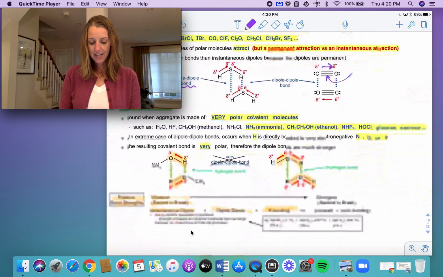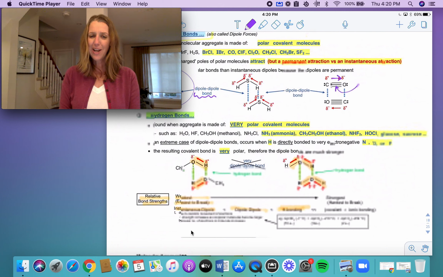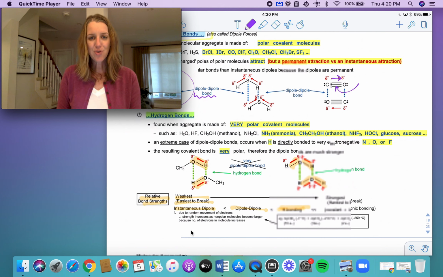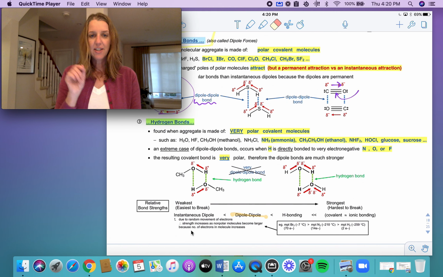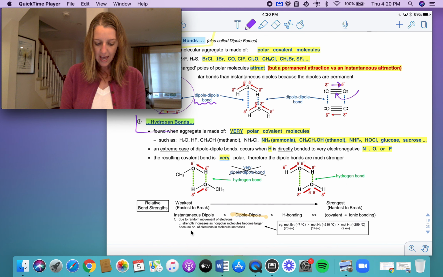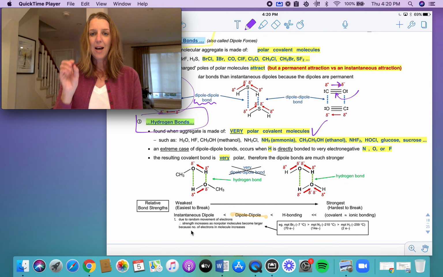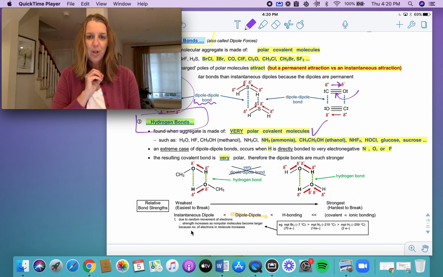Okay, and the last one is the one that we talk about quite a bit. It's our hydrogen bonding. And so let me get rid of a little bit that's on here. But this is where you're looking at aggregates that are made up of very polar covalent molecules. Okay, and here's what you're looking for.